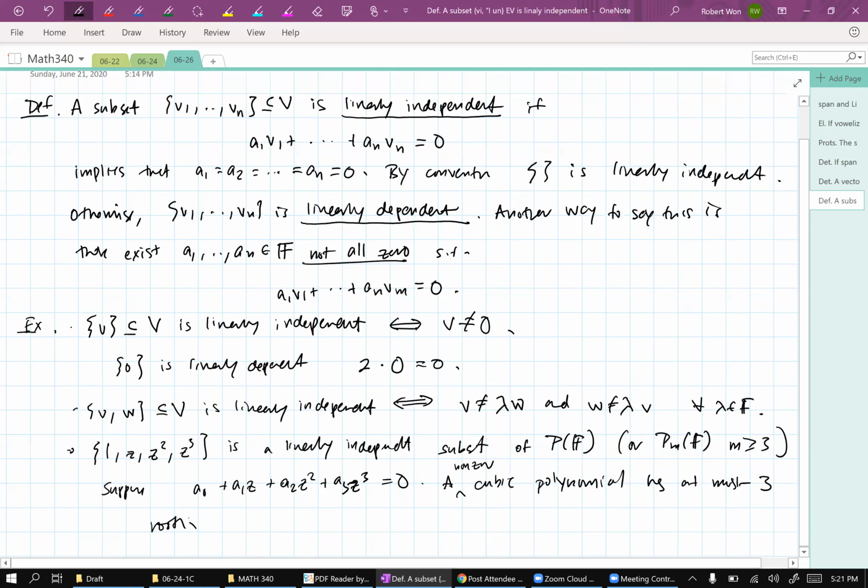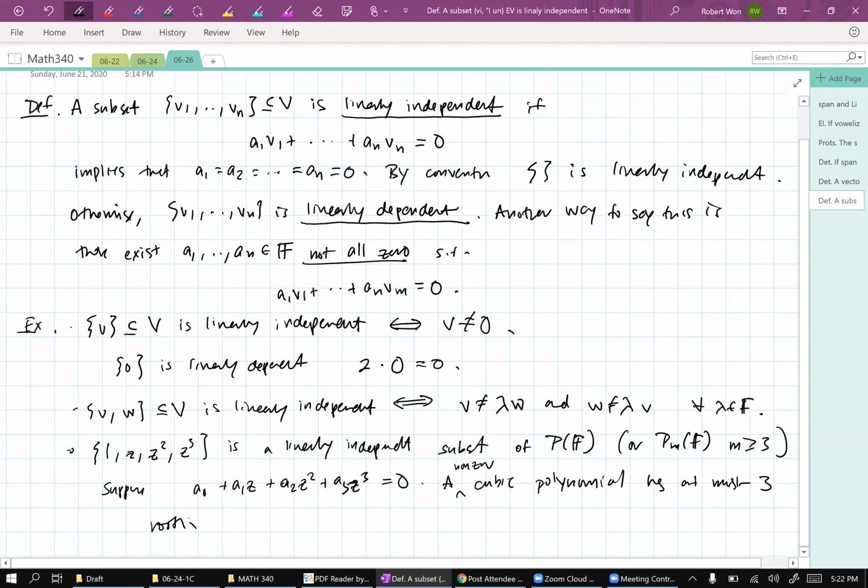We all know this fact. It's called the fundamental theorem of algebra, that a degree n polynomial has at most n roots, but the 0 polynomial has infinitely many roots.